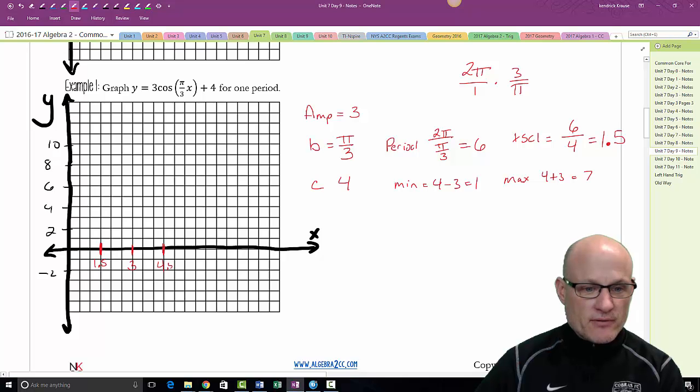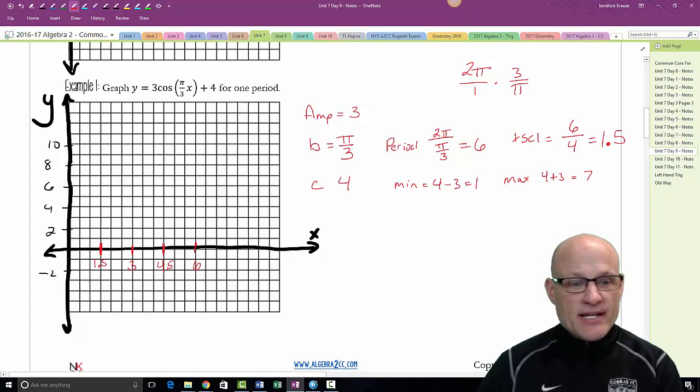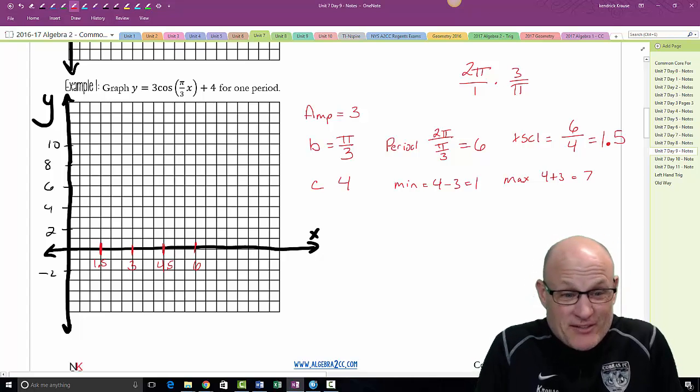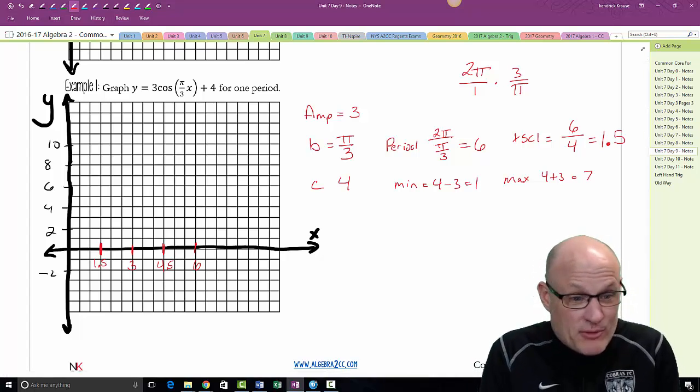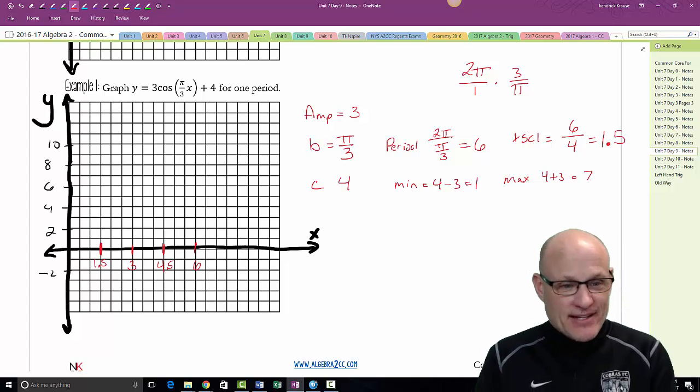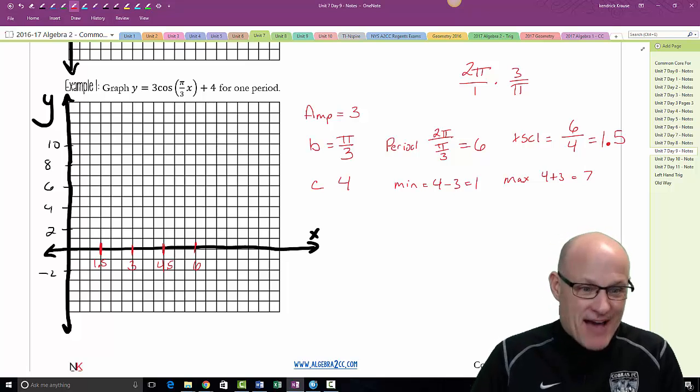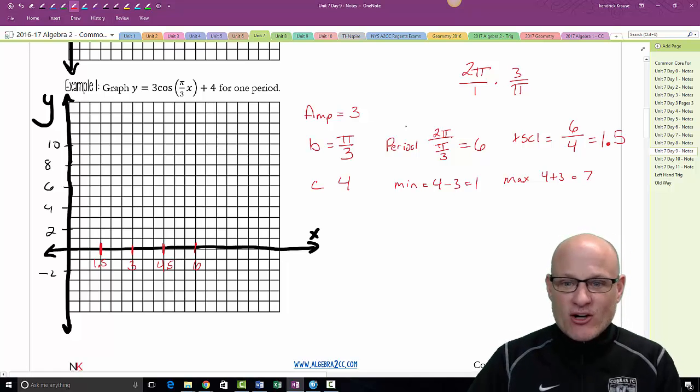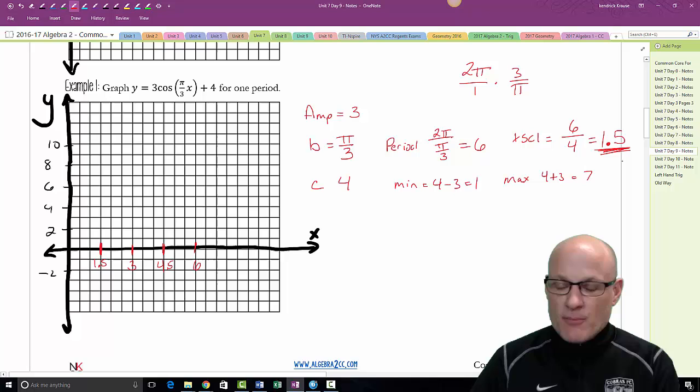This is 4.5, and that's 6. That's all I need. Now remember, I need 5 points. What difference does it make if I say every 3 boxes is 1.5? That makes every box a half, and that's okay. That's not a problem. All I need to do is make a scale by 1.5s on these crazy graphs.